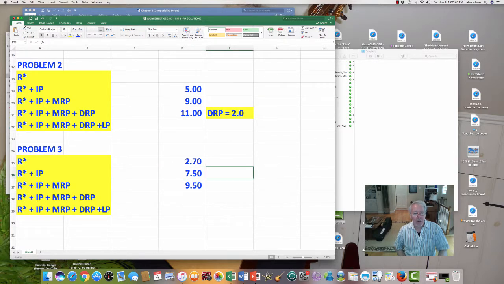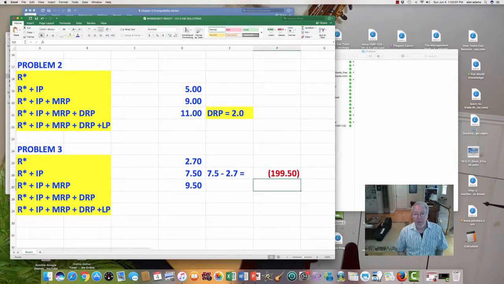Now, if I want to find the inflation premium, I know the rate on a T-bill is just the real risk-free rate plus the inflation premium, and I know the real risk-free rate is 2.7. Then I can say take 7.5 minus 2.7, and that's going to equal my inflation premium. 7.5 minus 2.7, 4.8 is my answer.